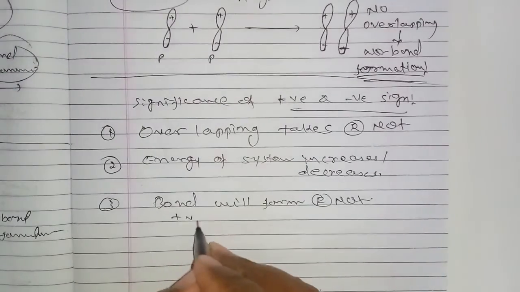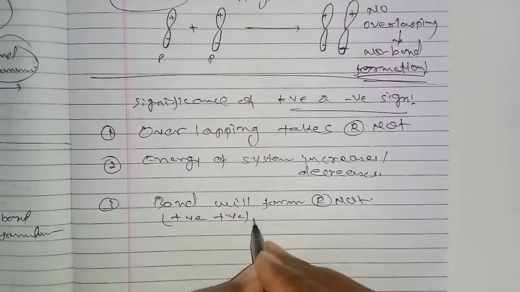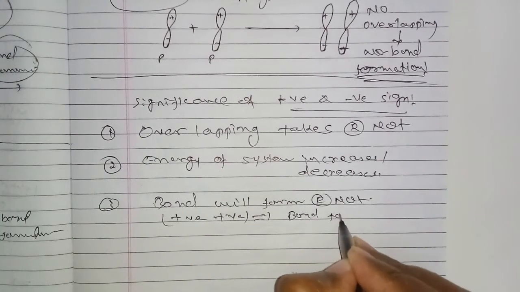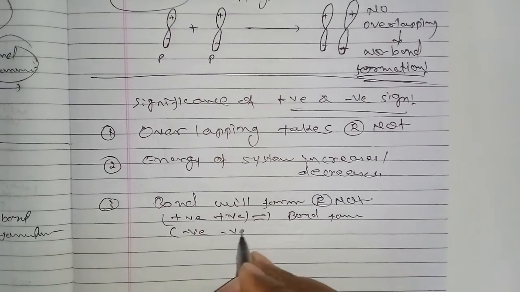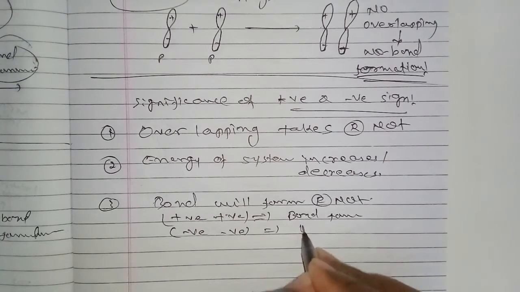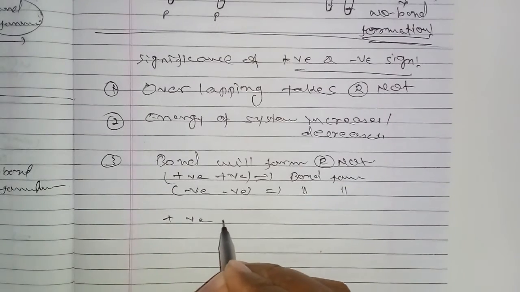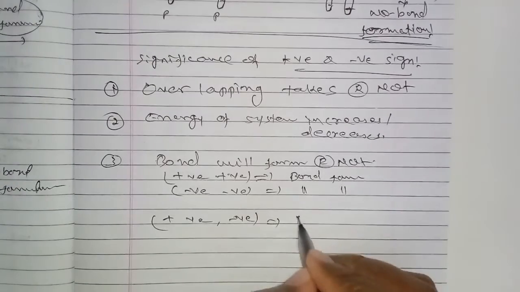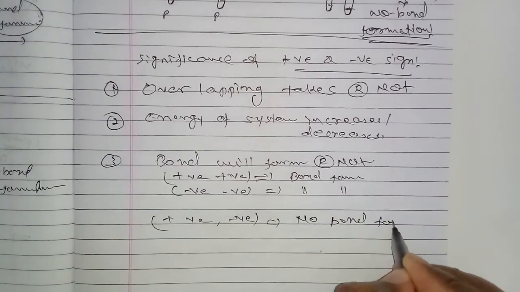If positive lobes overlap, or negative lobes overlap, a bond is formed. But if positive and negative overlap, there is no bond formation.